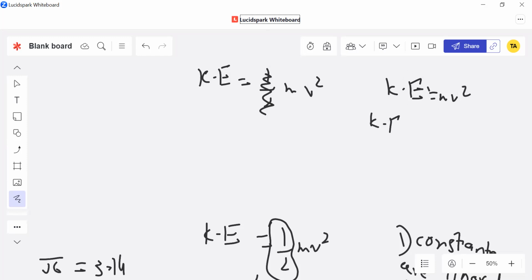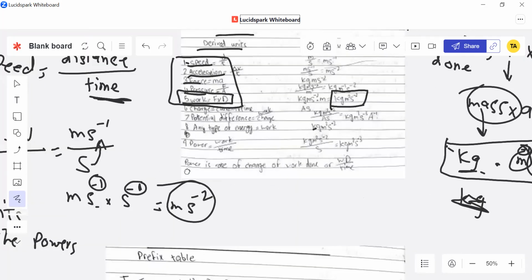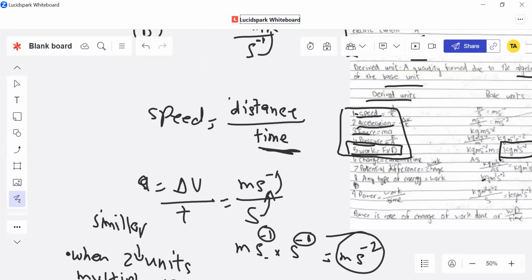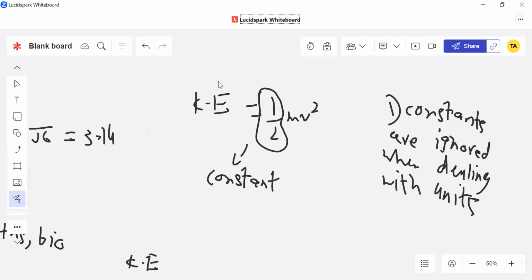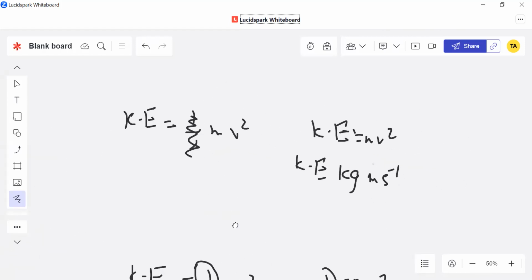Now kinetic energy, I know mass is kg, right? And velocity is ms negative 1. I solved it somewhere here, I think. Yeah, ms negative 1. This is the unit for velocity. But I square this because I have a square. So when some unit gets a square, you will multiply that unit. For example, negative 1 multiplied by 2, I get negative 2, right?